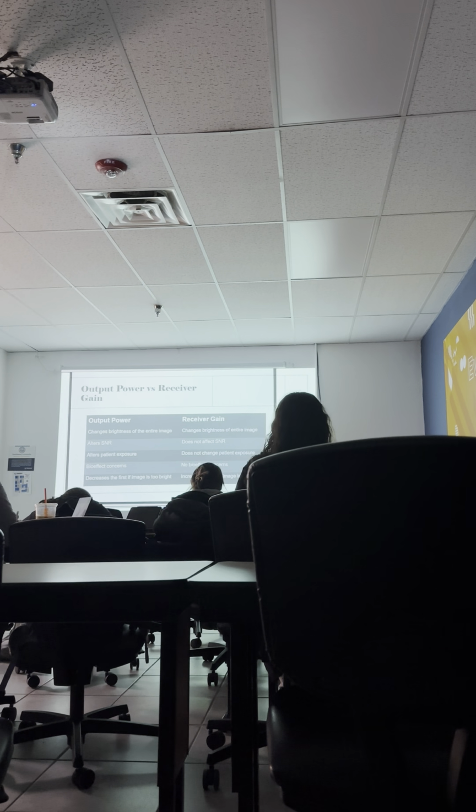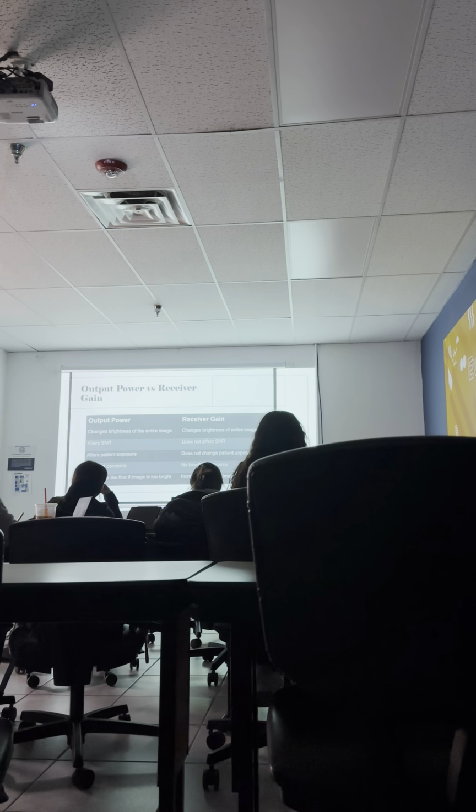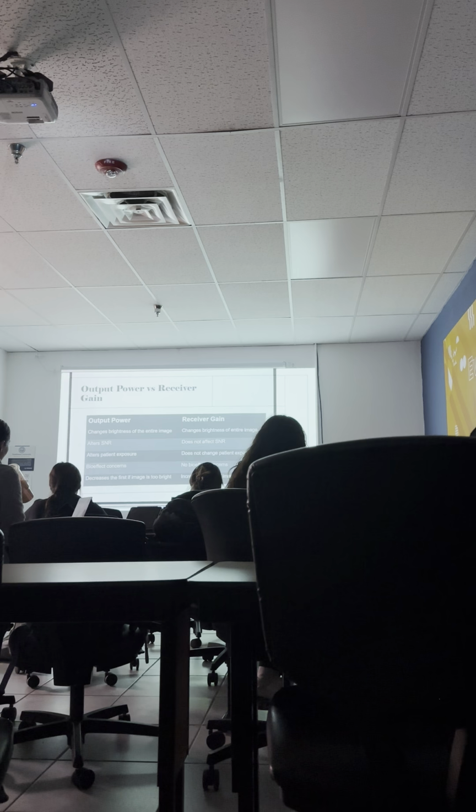So the picture itself is still dark, but we can compensate by increasing those images. So if we turn up the gain on an image that has a low signal to noise ratio, we're just making the noise brighter. It's not going to take away the noise, it's just going to make it brighter.